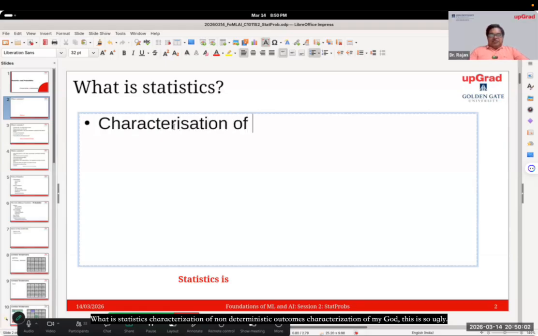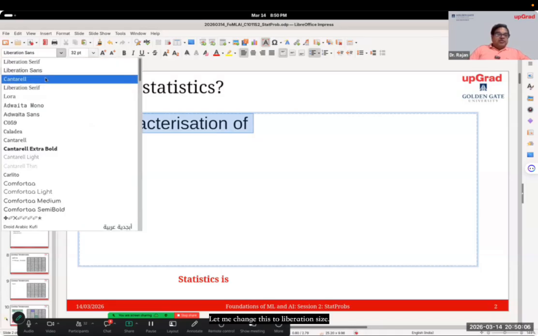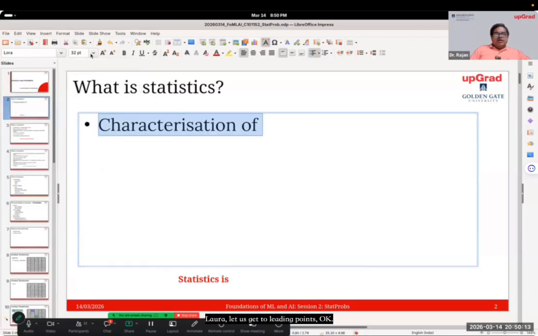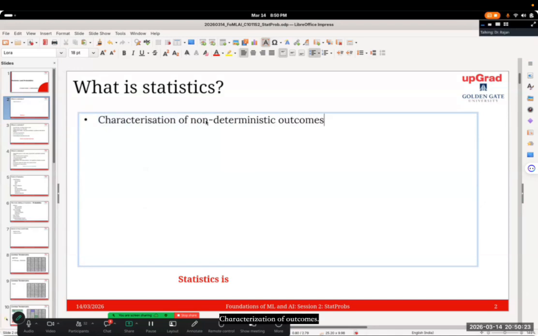Characterization of, oh my God, this is so ugly. Let me change this. Okay, characterization of non-deterministic outcomes.